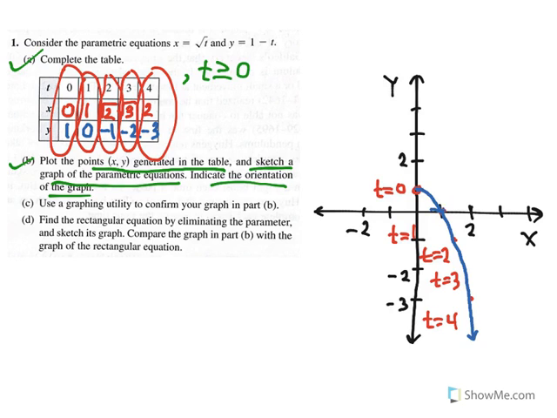And the orientation of my curve is from left to right. You can see that the curve starts here, and it's moving towards the right, and it's going down as well. So that's what we mean by orientation.